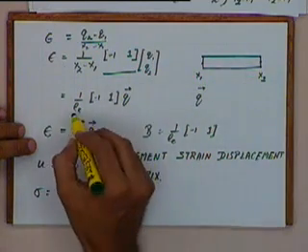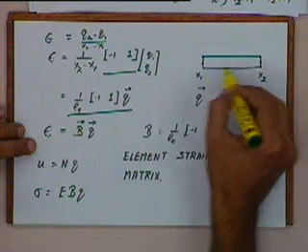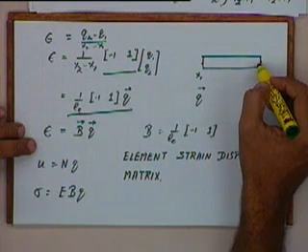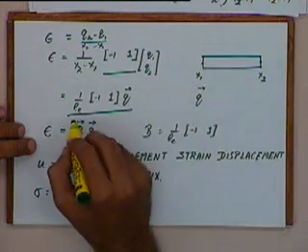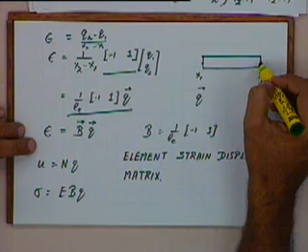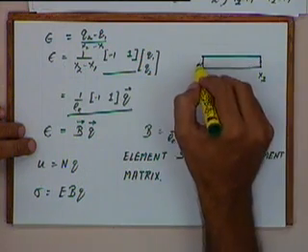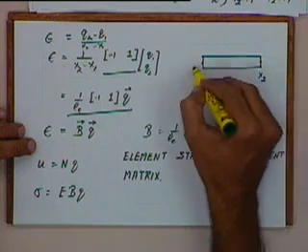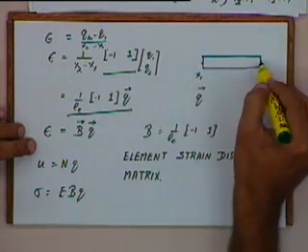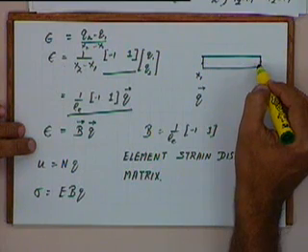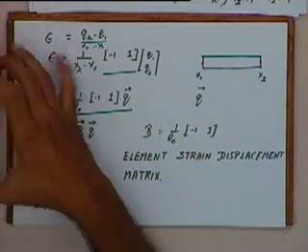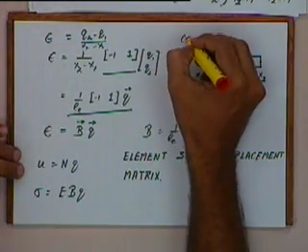That means this strain is constant throughout the element. We have assumed that the deformation is varying linearly. If the deformation is varying linearly, the strain within the element will be constant. That is why these types of elements are also referred to as constant strain elements.